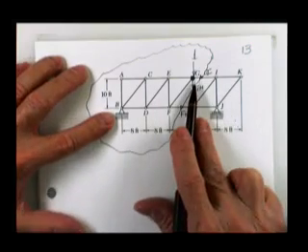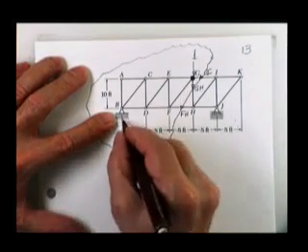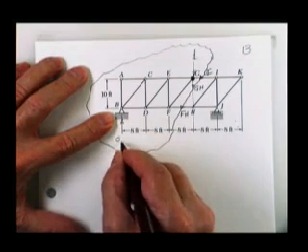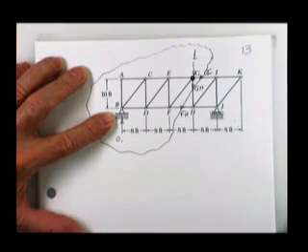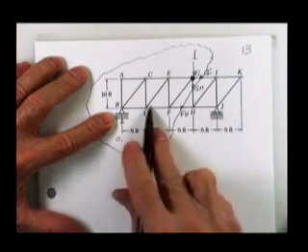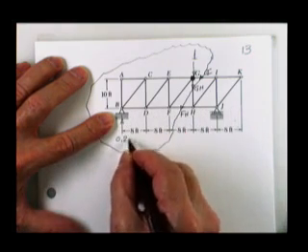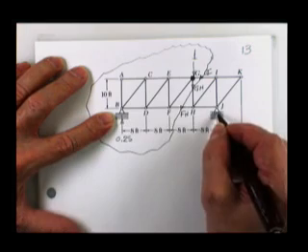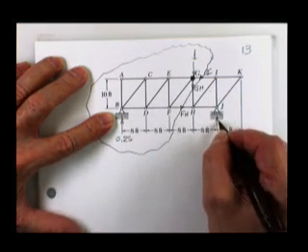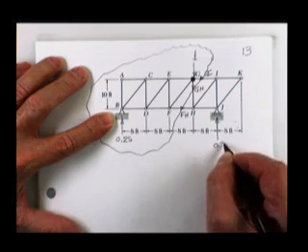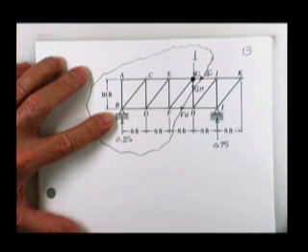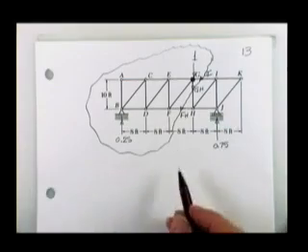Putting the 1 here causes, I'll leave this for you, 0. 0.25 here, and causes 0.75 here. Here's your free body.